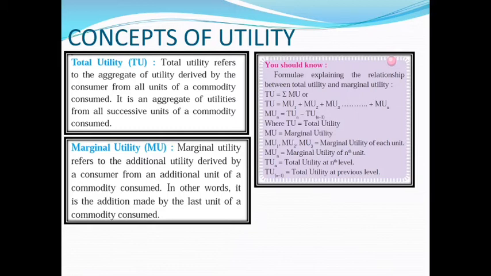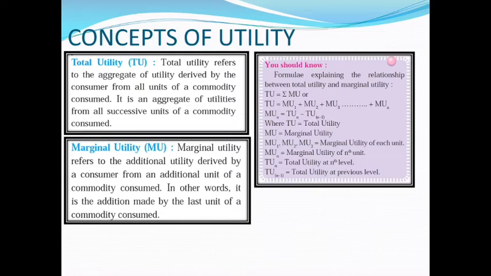When I am thirsty and I have one glass of water, for example, that one glass of water gives me 10 units of satisfaction. Usually utility is not measured, but I'm just giving an example so that you can understand. When I have one more glass of water, that glass gives me 5 units of satisfaction.